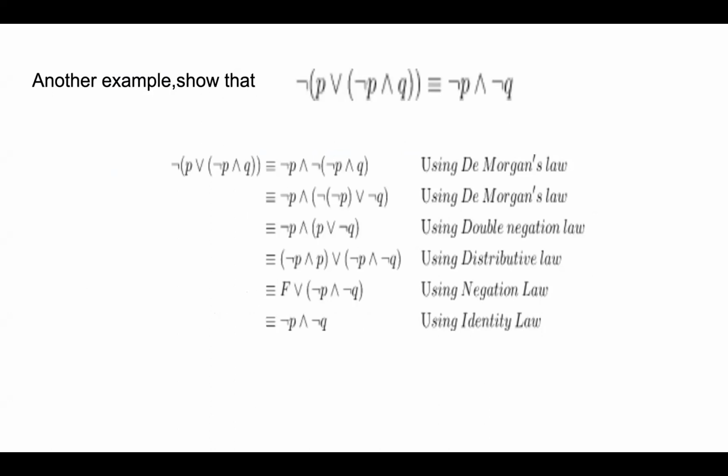Roll number 1, present. 2. Who is not there? 3, present, ma'am. 4, present, ma'am. Who is present? 2 is also present. Yes, ma'am, I am present. I have a network problem.